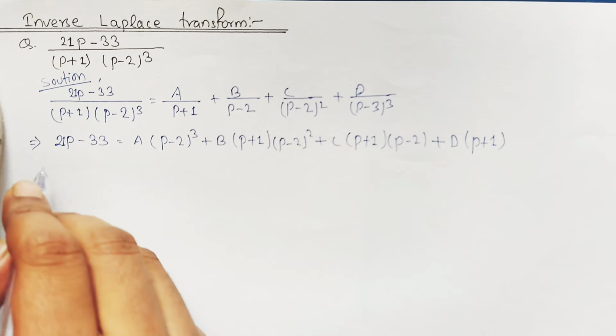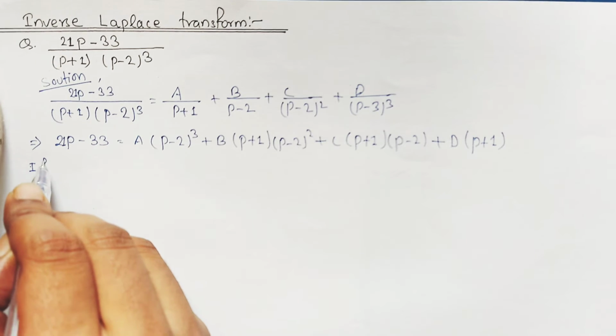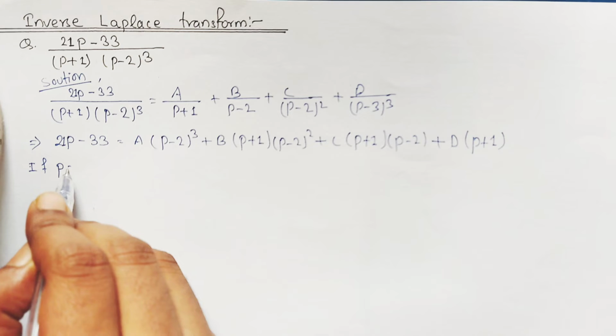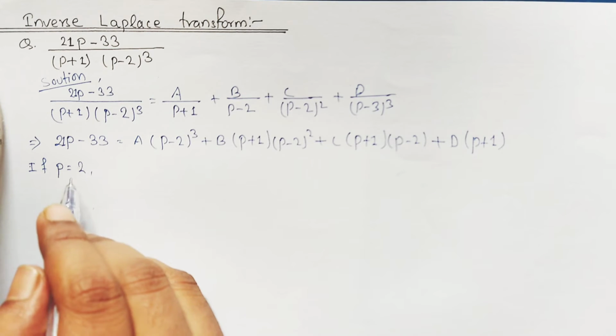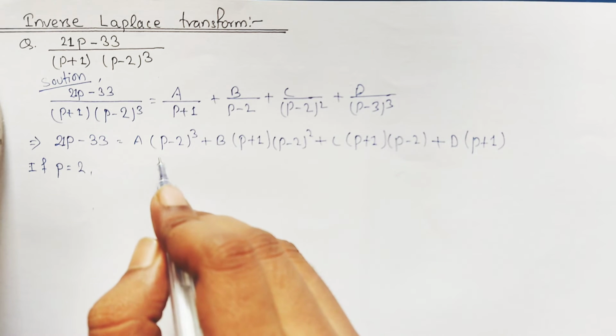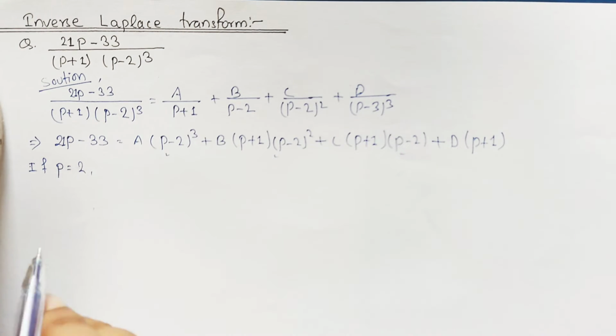Okay, now we have to assume some values. Now if p equals positive 2, here it is minus 2, so I have assumed p equals 2. So if we assume p equals 2, this portion will be cancelled out, and we will be able to find the value of d.